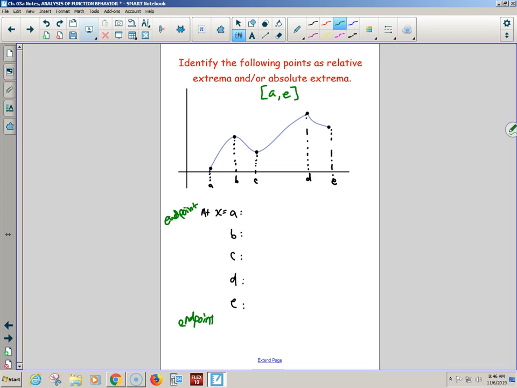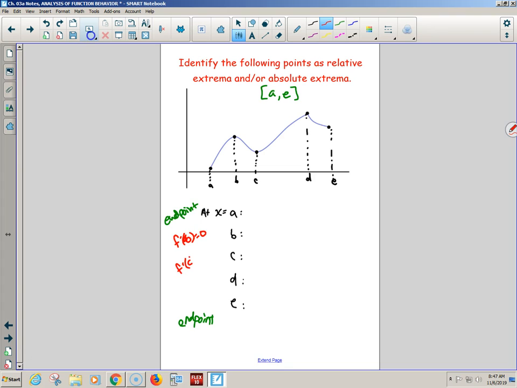Okay, A is an endpoint, E is an endpoint, and these guys, are any of the other guys critical numbers? Are any of them horizontal tangent lines or sharp points, or non-existent points? I can't tell if D is a sharp point. B is a horizontal tangent, yes it is. C is another horizontal tangent. So this one is F prime of B equals 0.